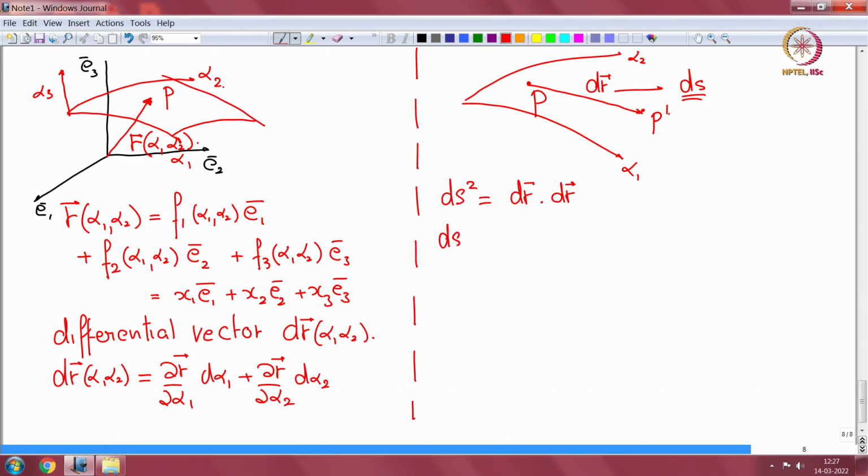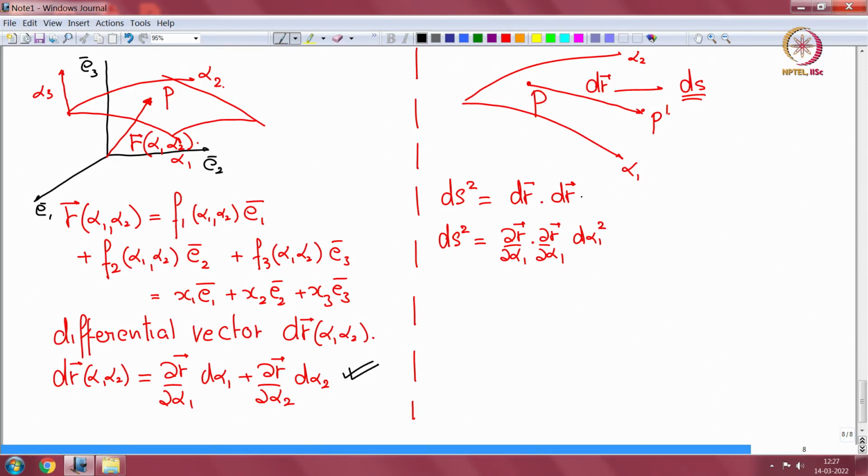How will that look like? My ds squared looks like del r by del alpha 1 dotted with del r by del alpha 1 d alpha 1 squared. I am just taking a dot product of this vector with itself.